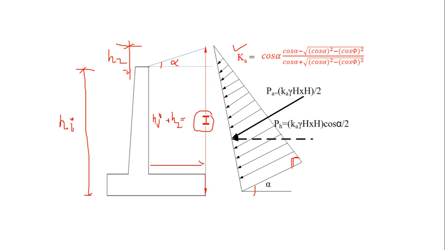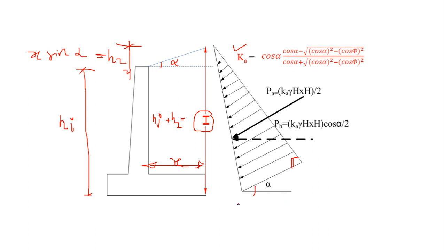We know this distance, since during the design we are going to decide this distance. Suppose this is x, then this vertical distance, the opposite side, means sine, so H2 is equal to x sine alpha. In this way we calculate the value of capital H, and the Ka value we can calculate.